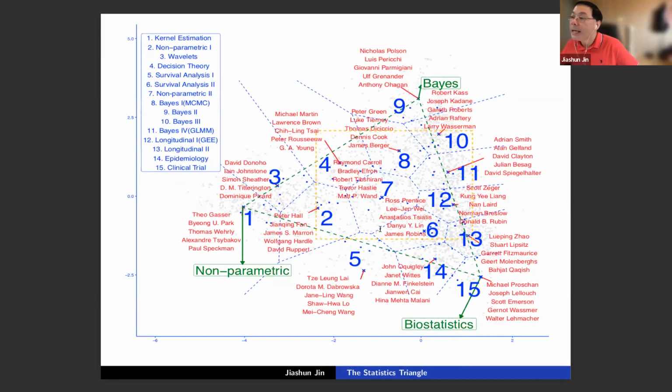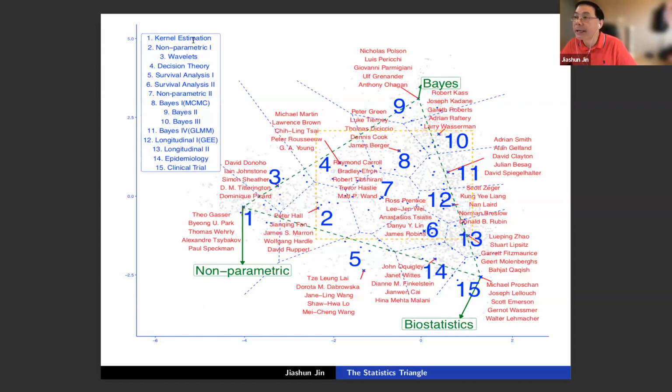Now, for each sub-area, we print out the top 5 authors with the largest degree, and we print out their names. This is quite interesting. For example, on these vertices, we find these authors are in the area of kernel estimation.